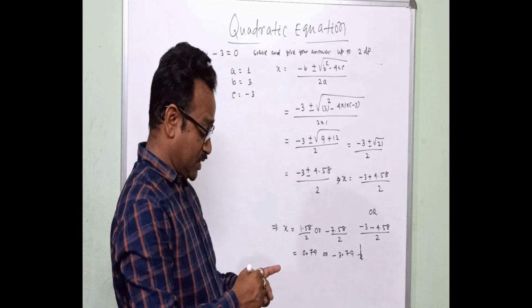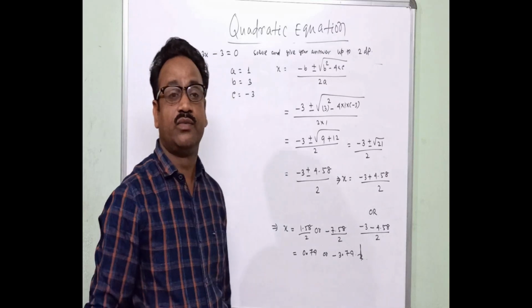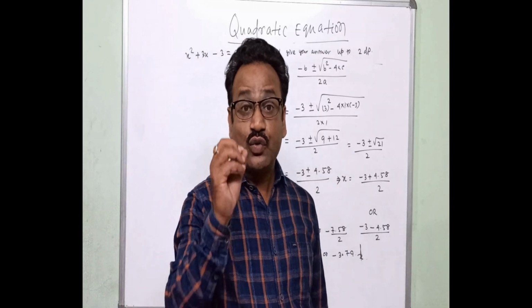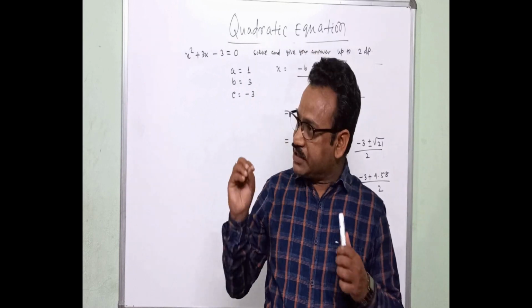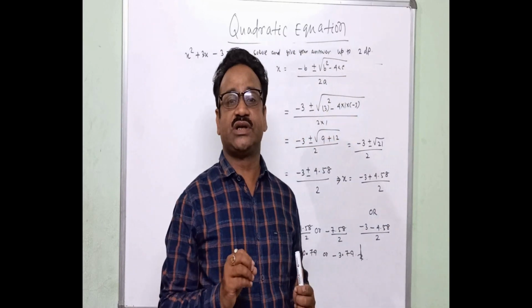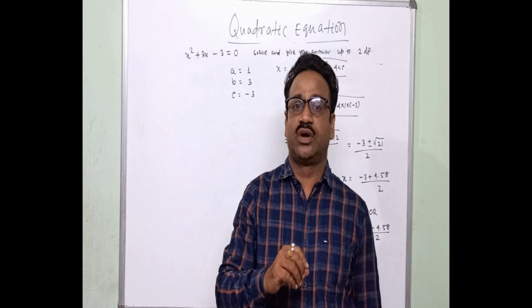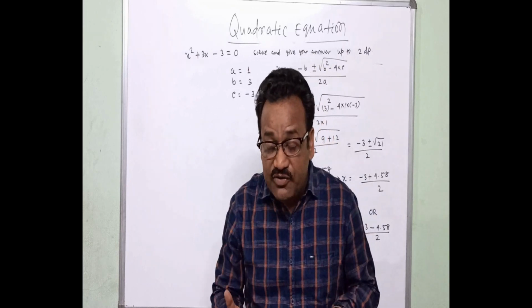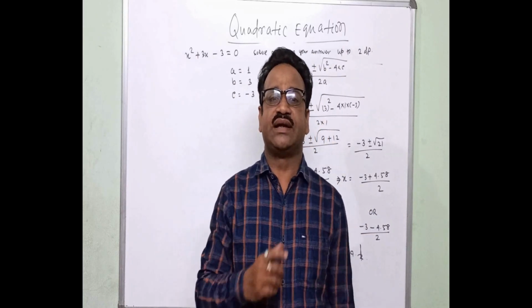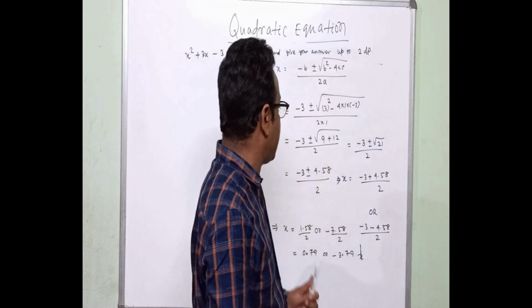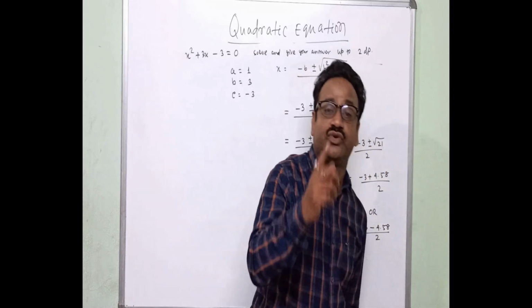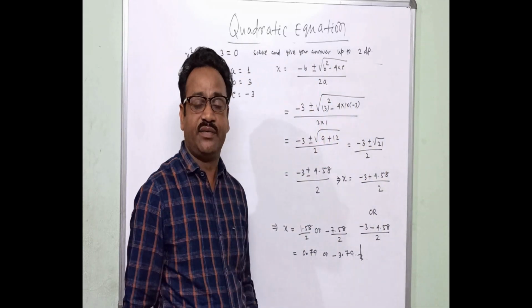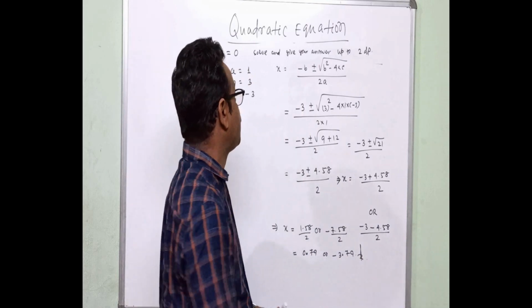So next we'll discuss about the nature of roots. How without solving we can find out the nature of roots. Here one thing we have to remember when we are going to find out the nature of roots.